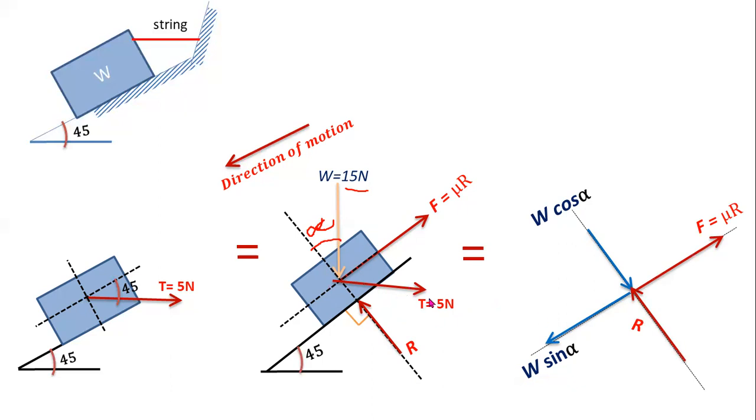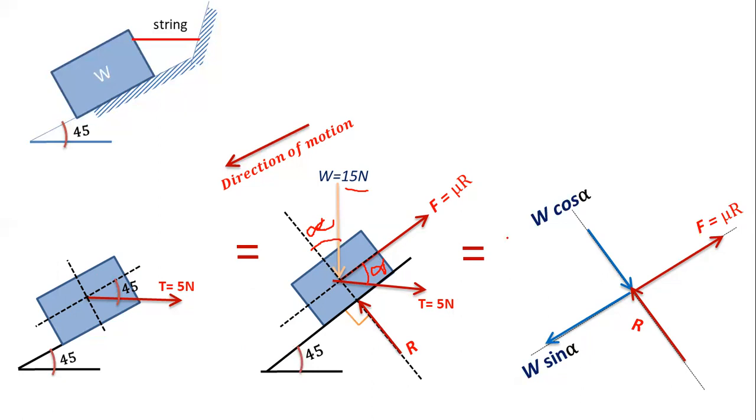Here this tension force makes an angle alpha. From the given diagram, this tension T equal to 5 newtons makes an angle 45 degrees with respect to the parallel axis. So this tension makes an angle alpha with respect to this parallel axis.